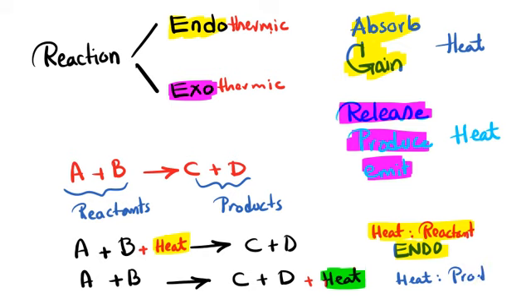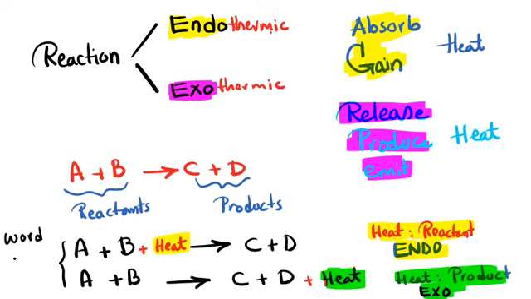So heat is produced. Producing heat means we have exothermic reaction. So keep in mind, heat on the product side or right side means we produce it. We call that exothermic reaction. This type of writing, we call the word format of reporting endo and exothermic reactions.